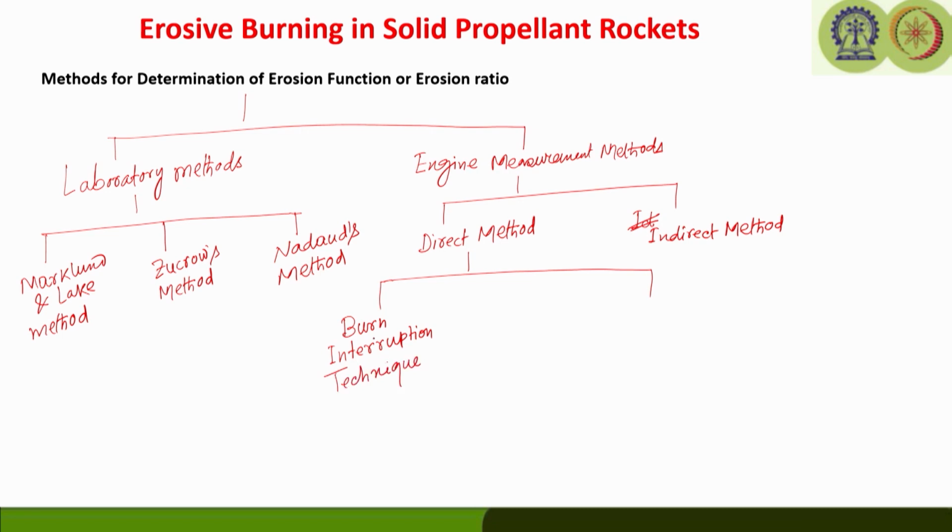As the name suggests, burn interruption means you intentionally cause the burn to stop in between, and you can measure how much propellant has regressed. From there we can determine the burn rate, and we can get an estimate of the erosive portion of the burning rate. So, this is the direct method.